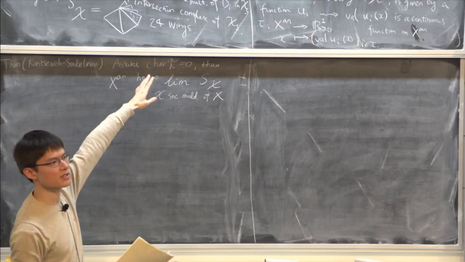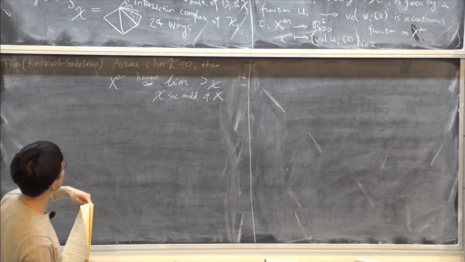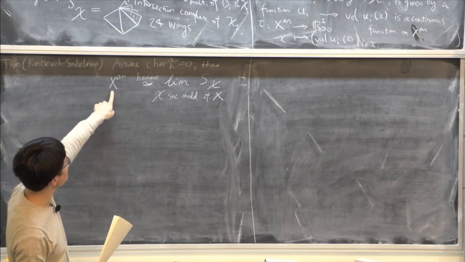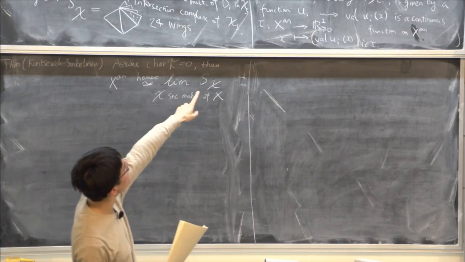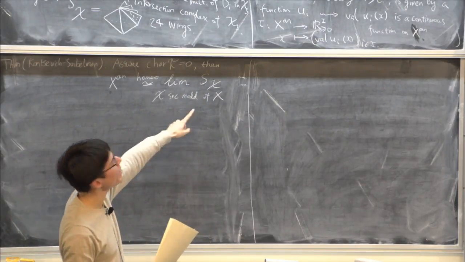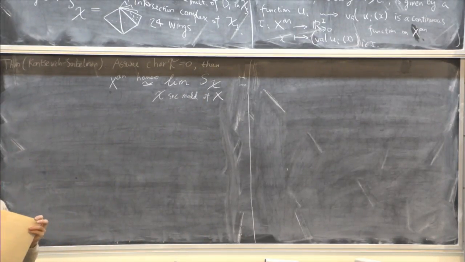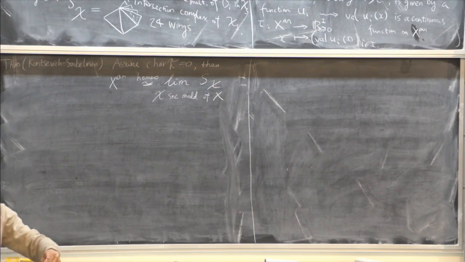Assume the residual field has characteristic 0. Then the analytic space is homeomorphic to the limit of the Clemens polytope over all SNC models. Limit under what? SNC models are ordered by blow-ups.